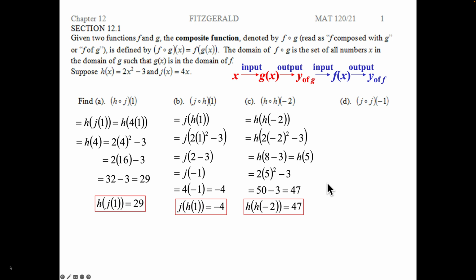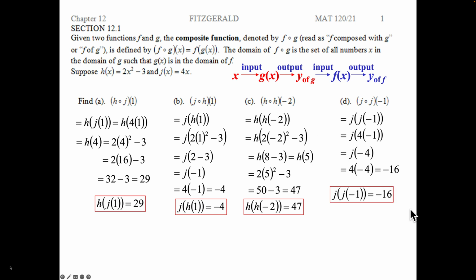So h of h of negative 2 is 47. J of j of negative 1, it's going to look like this. Negative 1 goes into the j function. 4 times negative 1 is negative 4. Then take negative 4, put it back in the j function. 4 times negative 4, negative 16. So j of j of negative 1 is negative 16.